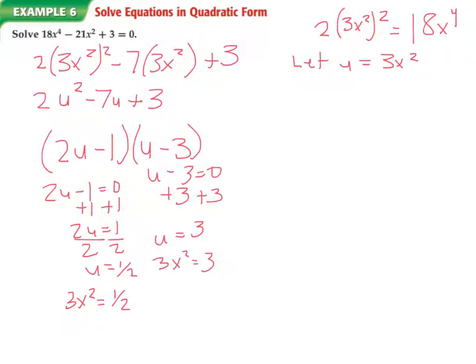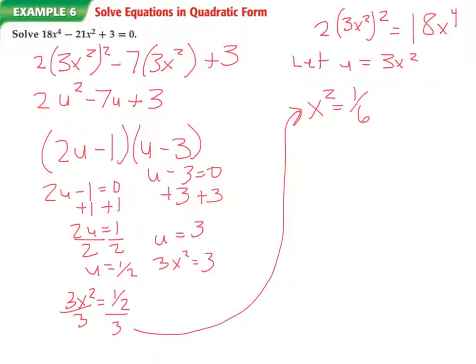So solving for both of these, if we go ahead and divide both sides by 3 here, and I'm going to have to go over here because I'm out of room, we're going to end up with x squared equals 1/6. And if I take the square root of both sides, I'm going to end up with x equals plus or minus the square root of 6 over 6.